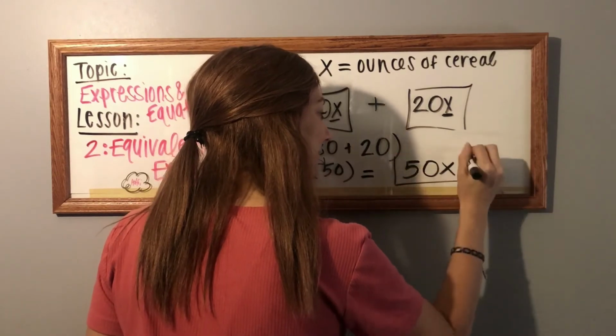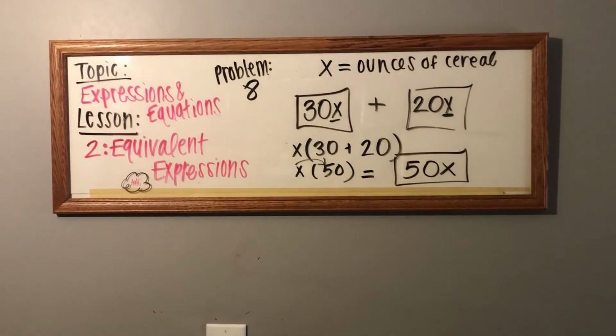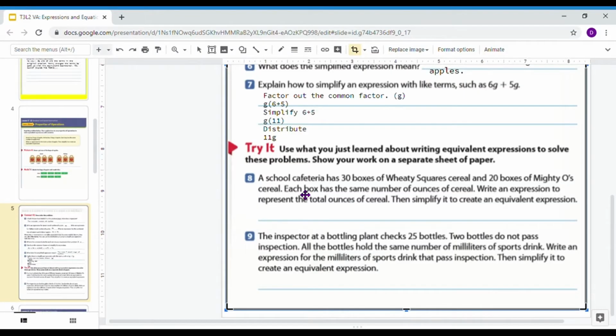And reminder again, if you're looking for the shortcut, looking at the 30x plus the 20x, taking your coefficients, which are the numbers in front of your variable, adding them together, and then just throwing a variable at the end is also a shorter, faster way to do this. But as you're trying to learn and understand how they're equivalent, I think it's important that we go through those step-by-step instructions.